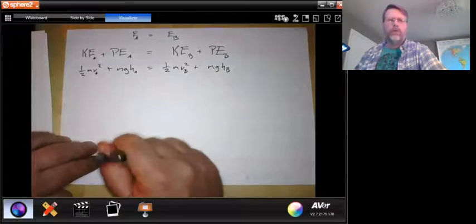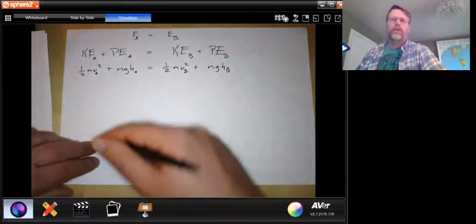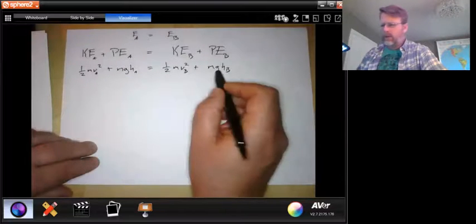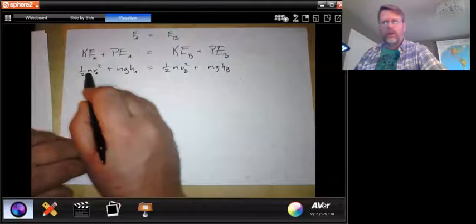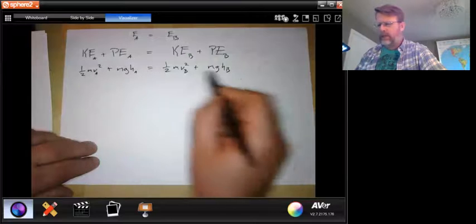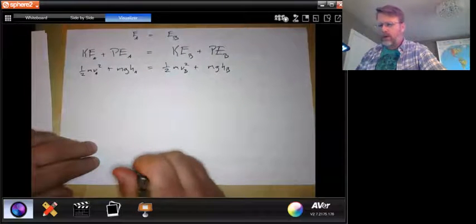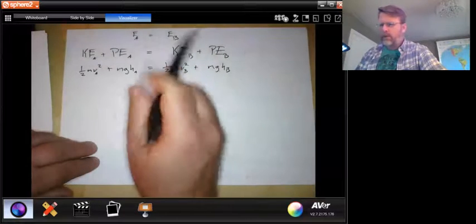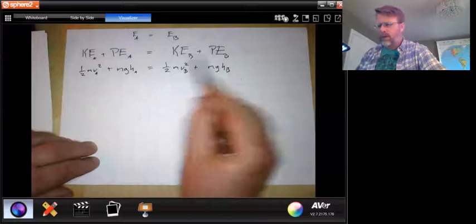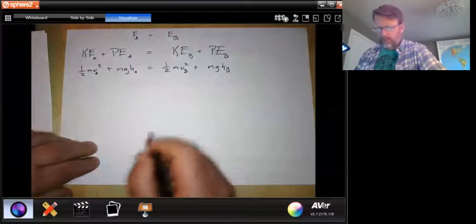But most things we're going to do are going to be on a classroom scale, where this is going to be constant, where the object we're working with is going to have a constant mass. So this gives us a pretty good template to work on, where energy is conserved in the entire system.